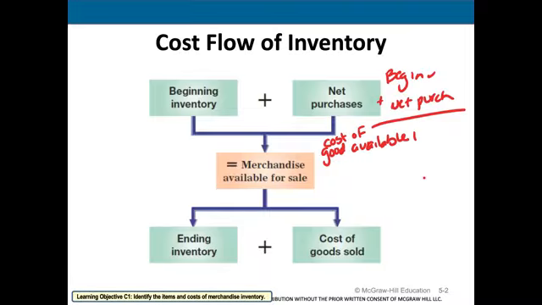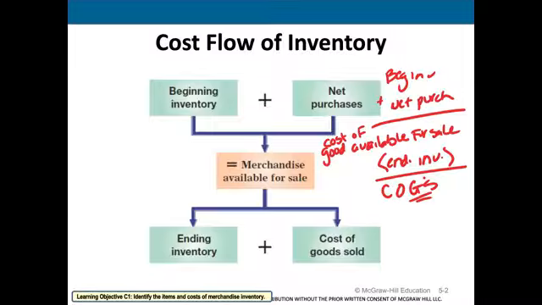And then we're going to subtract our ending inventory, and that's how we get our cost of goods sold number. And there's various ways to calculate that, and one of those ways is using the weighted average method.